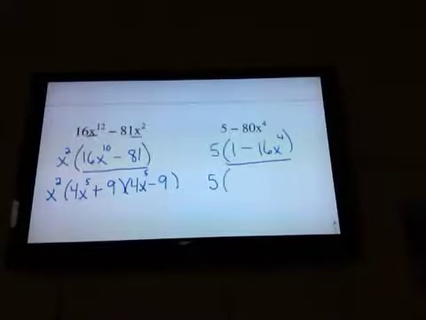So I factor. 1, the first term, breaks to 1 times 1. 16x to the 4th is going to go to 4x squared times 4x squared. 1 gets a plus, 1 gets a minus.